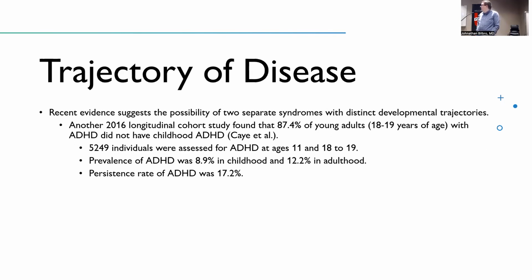They asked, what happens if you remove the folks with ADHD but other psychiatric comorbidities? If you do that, the prevalence drops down to about 6.3%. But anyhow, they found again that 87.4% of the young adults with ADHD did not meet the criteria for the disorder in childhood, and their persistence rate was somewhere around 17.2%.